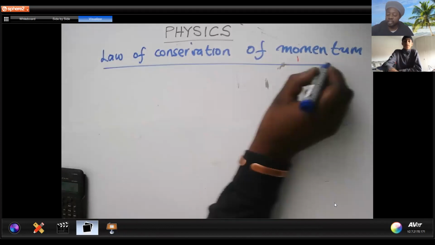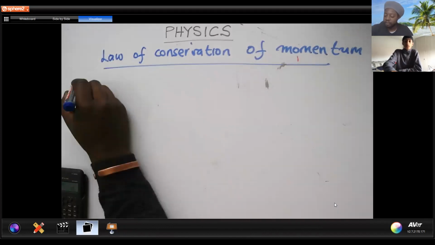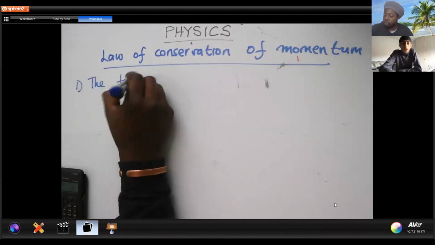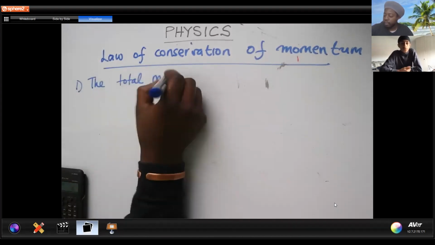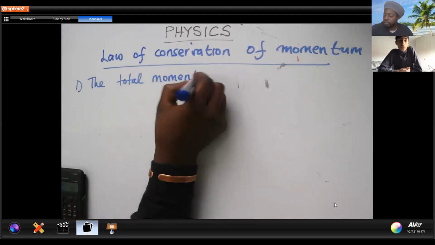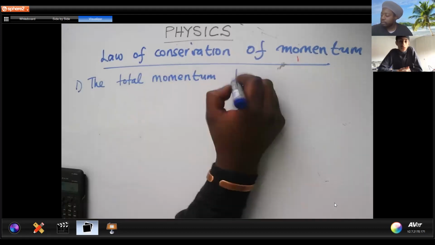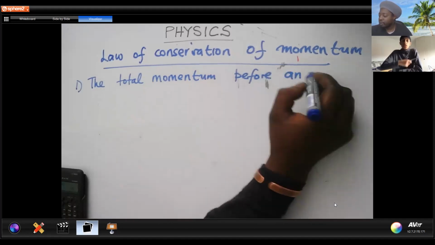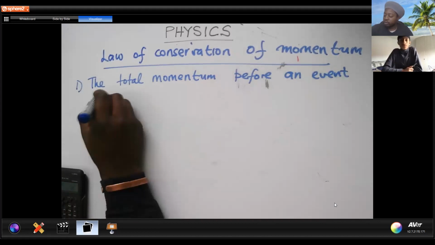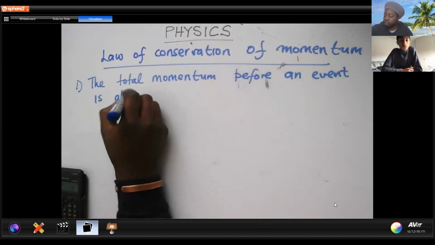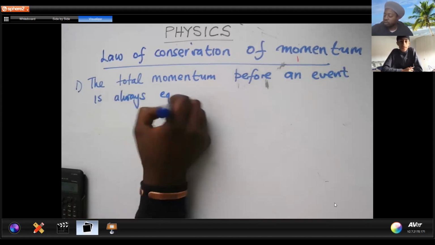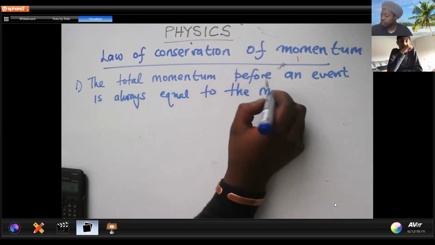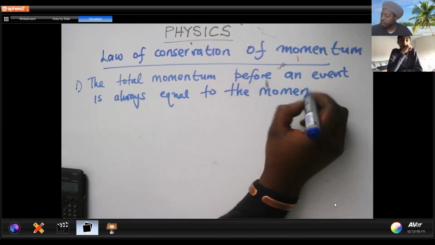And what that states is that the total momentum before an event is always equal to the total momentum after the event.